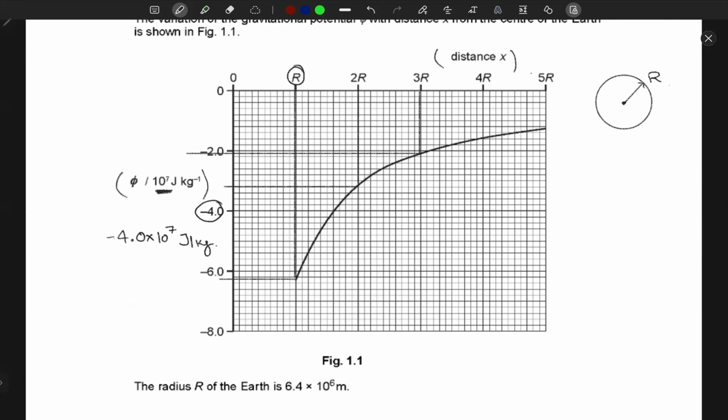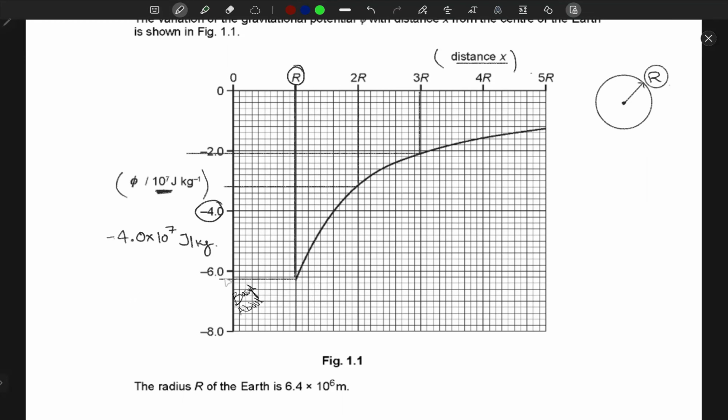Sir, what will be the potential at the surface? You'll look at the value of r on the distance axis, because at the surface of the Earth the distance is just r, the radius of the Earth. So you'll just go down from this r like this, and then check on the y-axis.